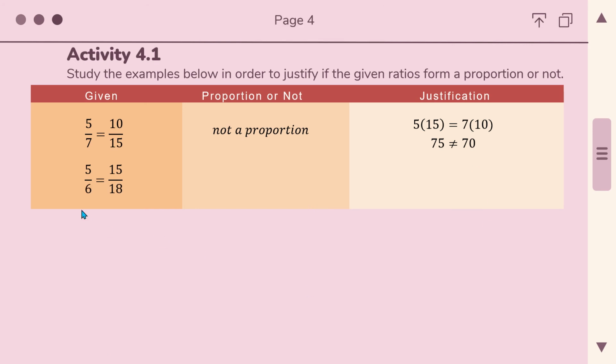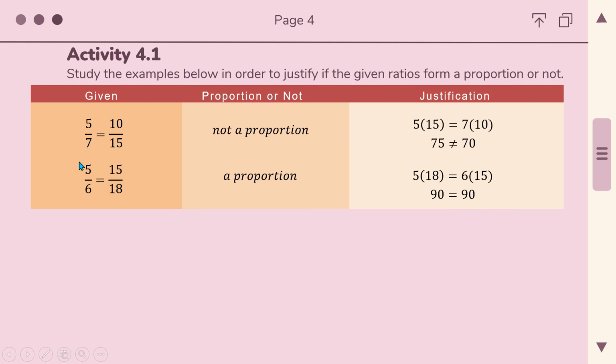So to continue with our second example on the first activity, that should be 5 over 6 equal to 15 over 18. Is this proportion or not? So the decision is it is a proportion. So justification on this example. Why?